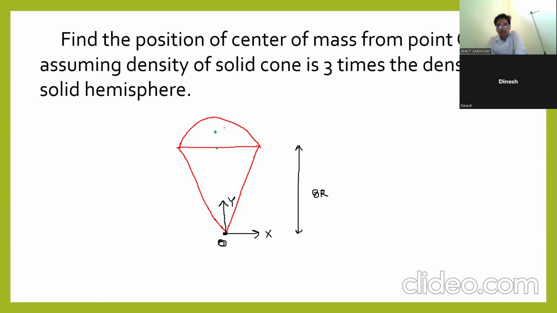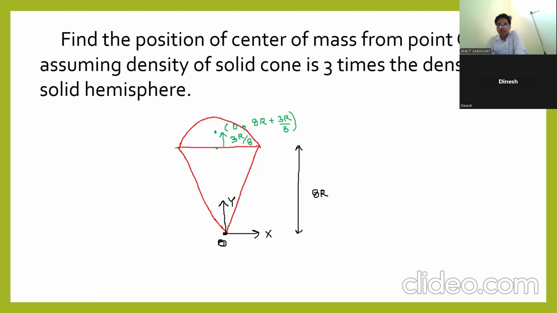From here, how far? It will be 0, comma 8r plus 3r/8. Clear? Because we are taking reference here, from the point O, because they are asking from point O.